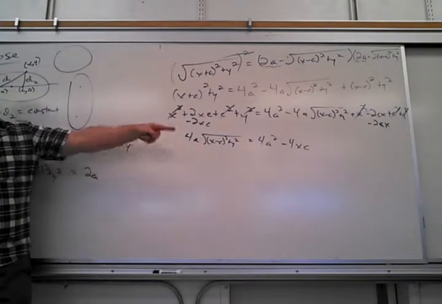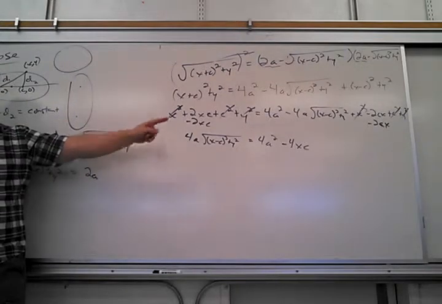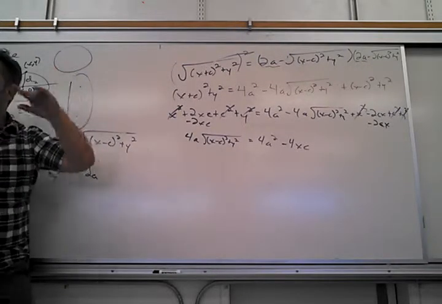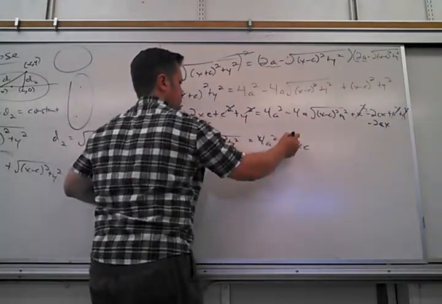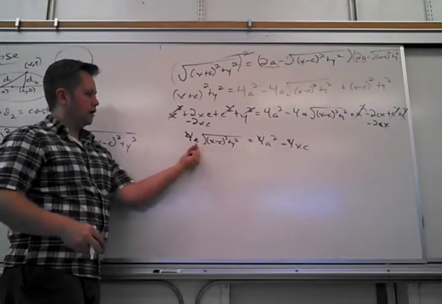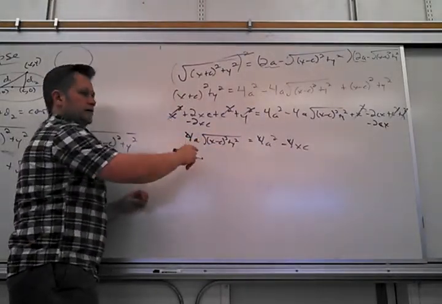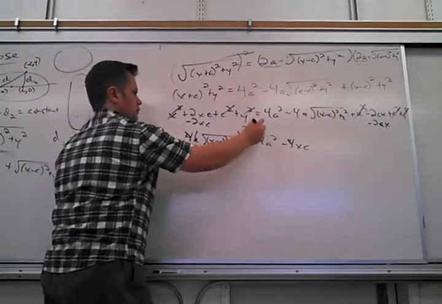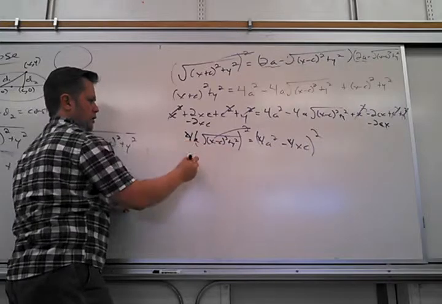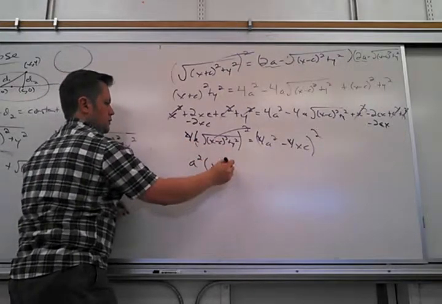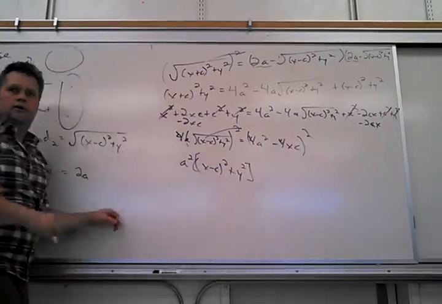And then I could, of course, kill what dies really nicely here. The 4s can't die, right? So I can just kill the 4s. And then I could divide by a, but I don't want to. So what do I get if I square both sides now? This side I'll get a squared times this mess here. Is that cool?